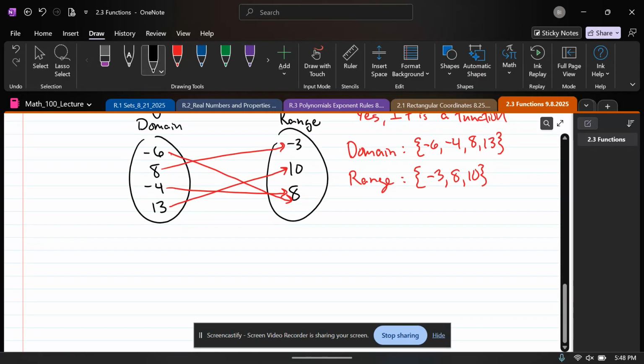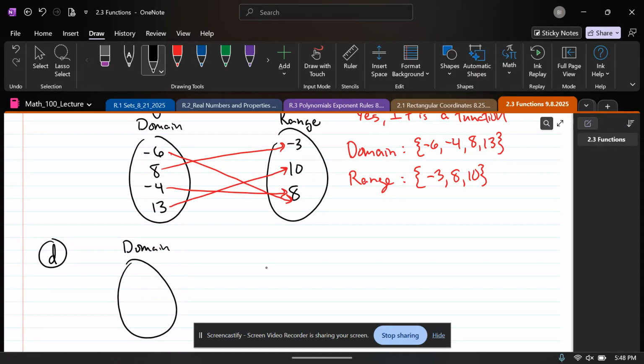As Jimmy said there, when you get a mapping with the domain and the range written there, let's say we had 3, 8, 9, -5, 18, -3, 1. And you drew your arrows.